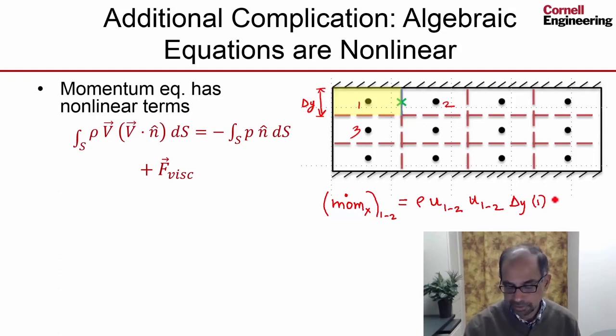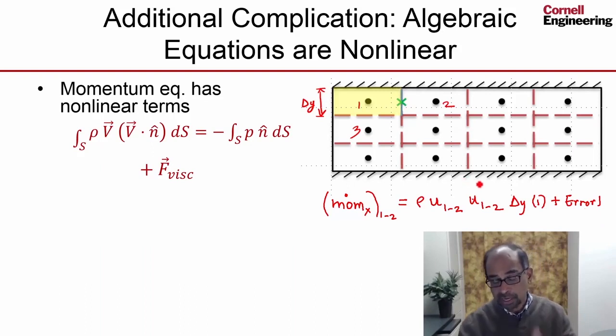And there is an error introduced, so I'll say error 1, and that's because we are assuming that the integral of the velocity over that face is just equal to the value at the center. And that's similar to the error that we had when we were doing the mass balance.